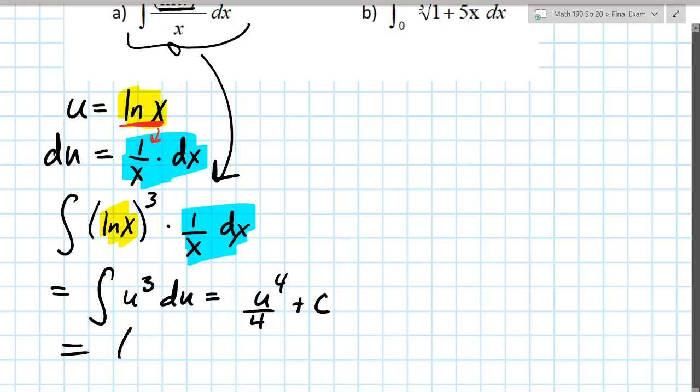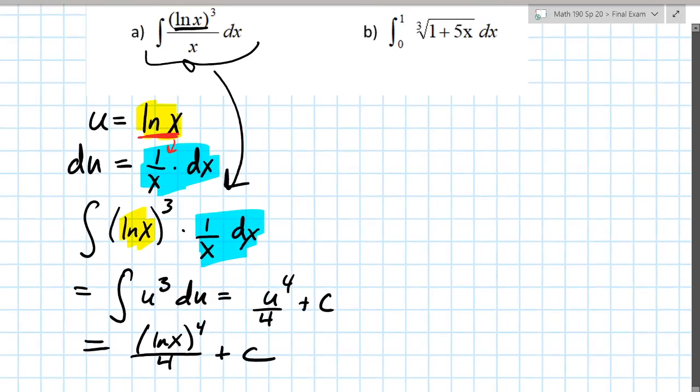So this is the ln of x to the fourth over 4 plus c. You can check your work by taking the derivative, and hopefully after doing your chain rule, you will get what you started with.